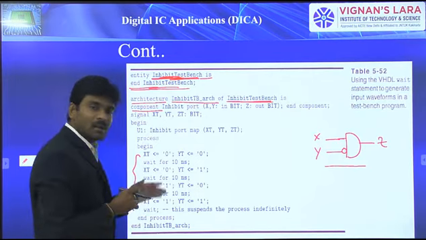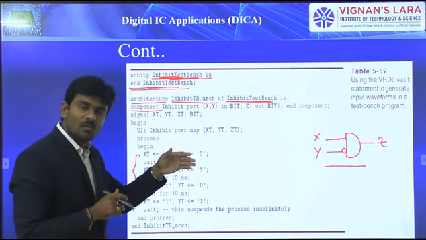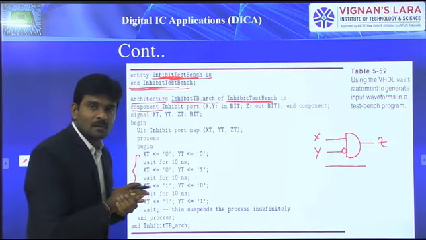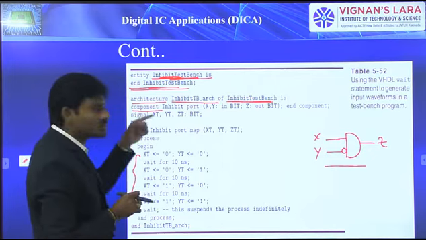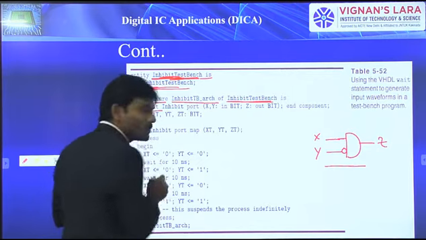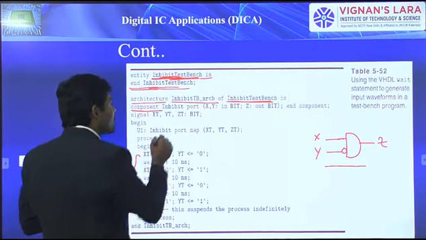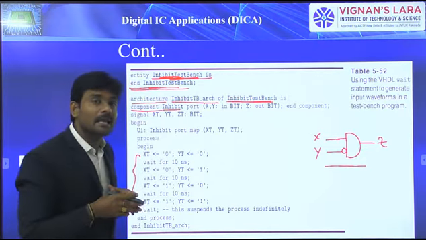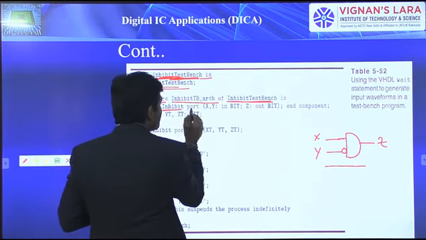For whatever module, in this case the inhibit gate, that we are driving inputs to, before starting the architecture body we are supposed to declare that component. So here we consider the component declaration immediately after starting the architecture. For the component name, we are developing the test bench for the inhibit gate, so inhibit port.